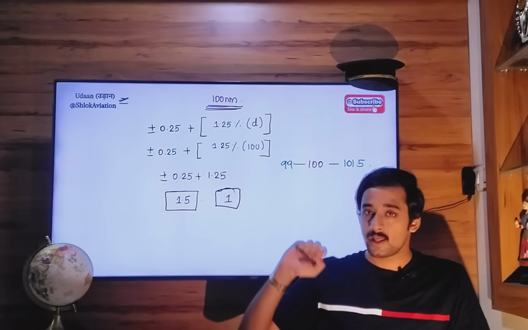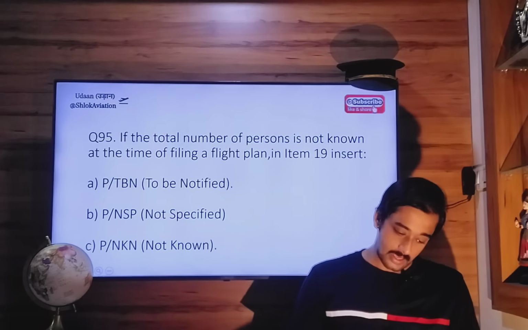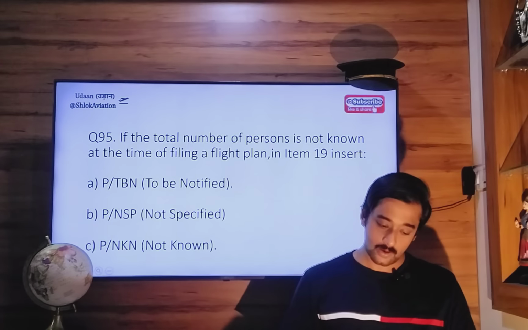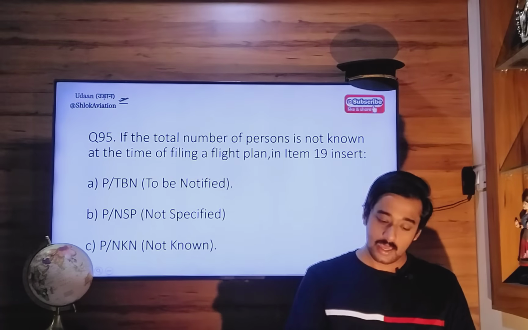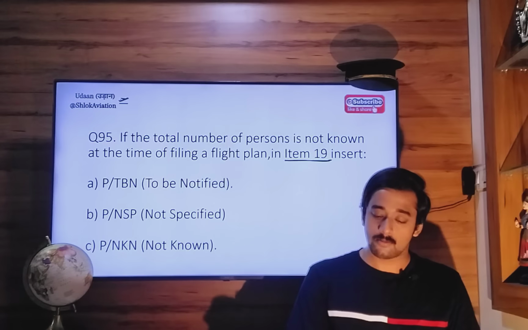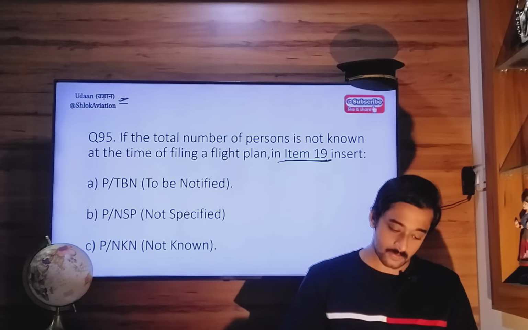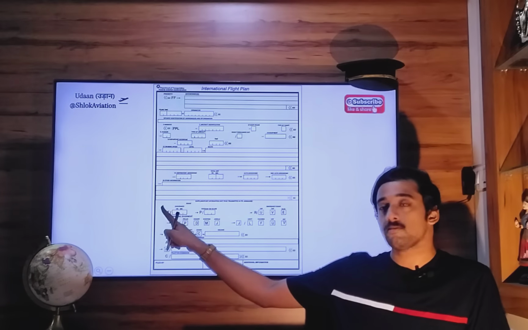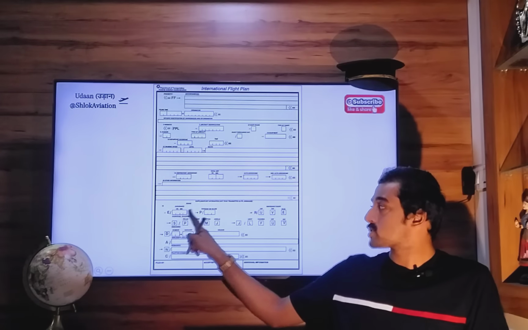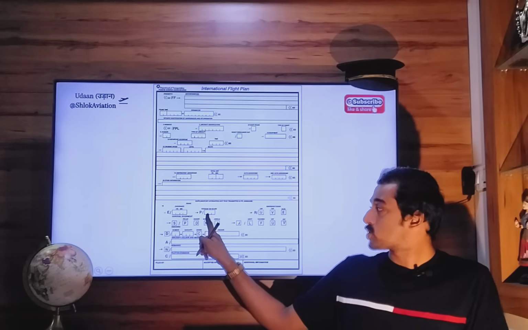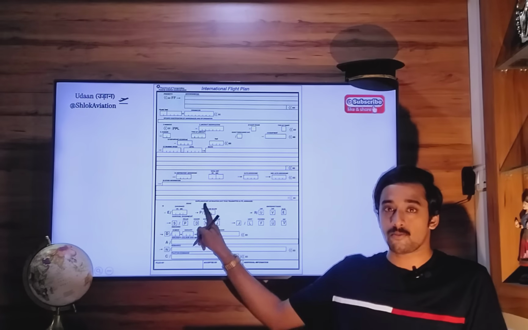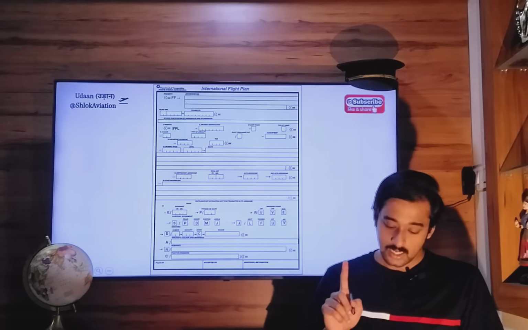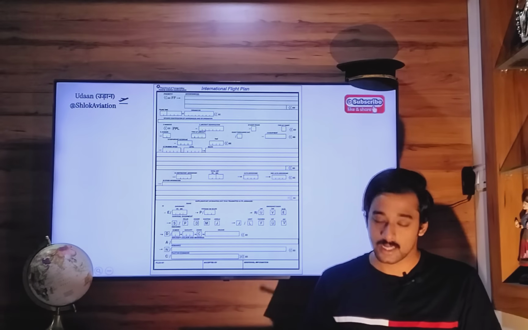If the total number of persons is not known at the time of boarding or filing a flight plan, what should you write in item number 19 in the flight plan form? So this is your flight plan form. Over here you can see item number 19, endurance, persons on board. There is a box with space for writing three alphabetic letters.